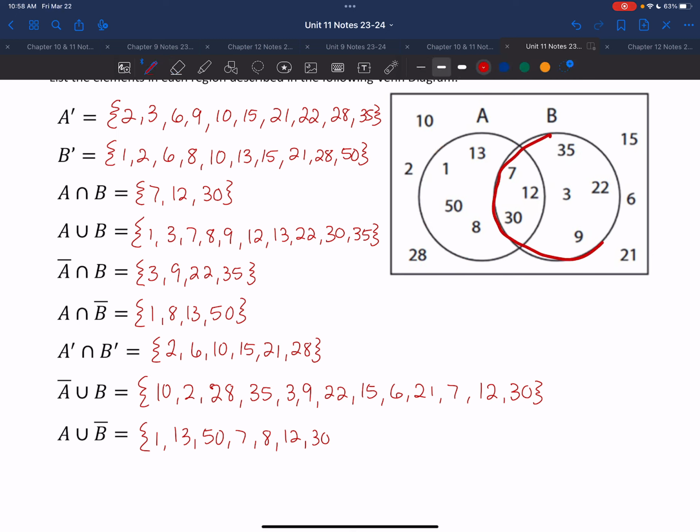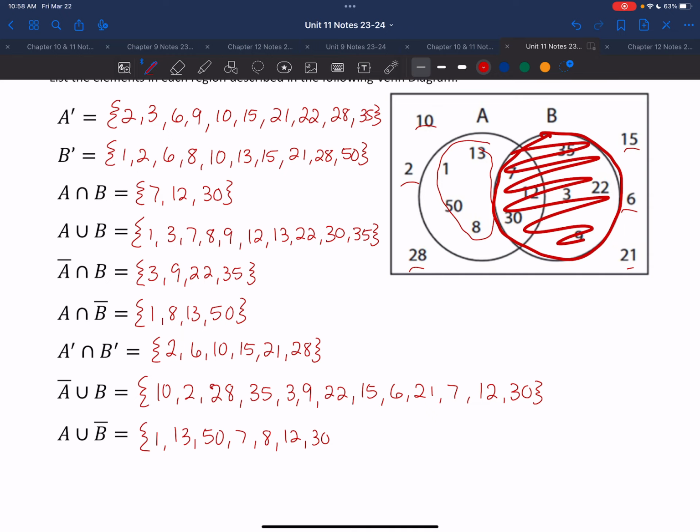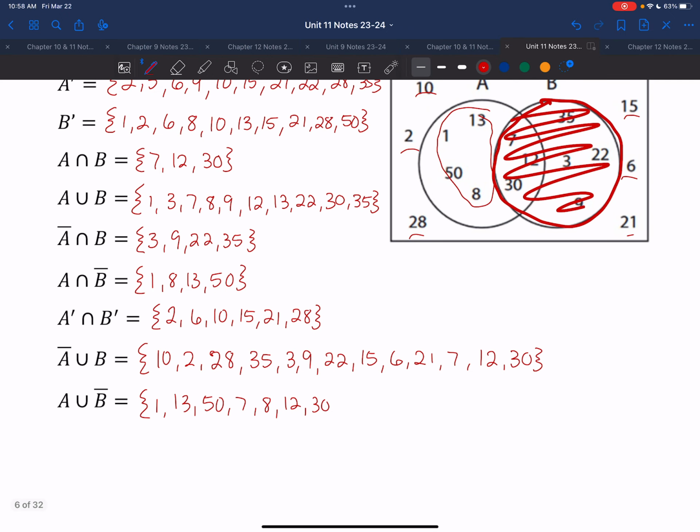This circle represents B. So I don't want to look at those numbers. I want to look at everything else. So I've already listed everything inside A, so I don't need to list these 4 numbers again, but I do want to list these 6. Those are the only ones I'm missing from my set. So I've got 10, 2, 28, 15, 6, and 21.